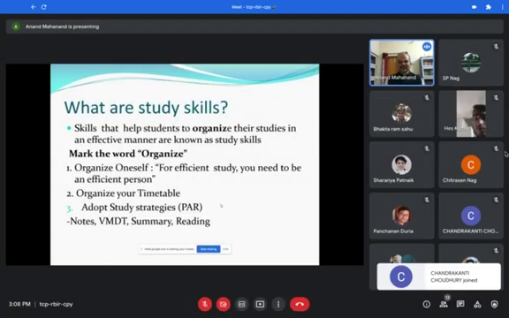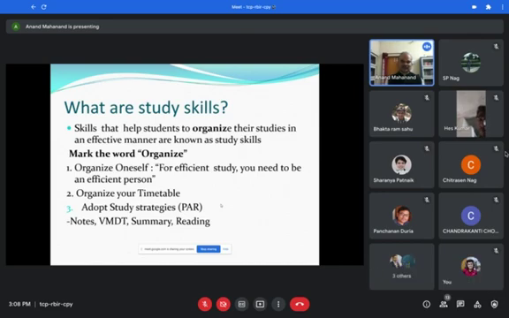When you attend the class, pay attention. A stands for attention. Then after you come back from your school, you revise your notes, revise what you have heard, recall what you have heard. So these are the three strategies, three techniques of study: preparation, attention, and revision.